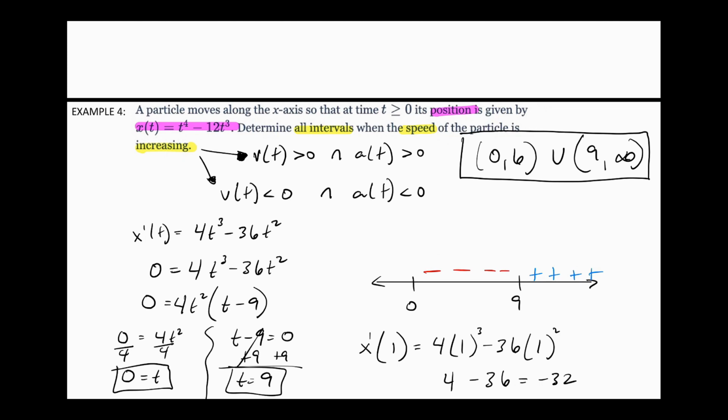Let's see. Speed is increasing. Yep. Never mind. I told you I had something earlier.